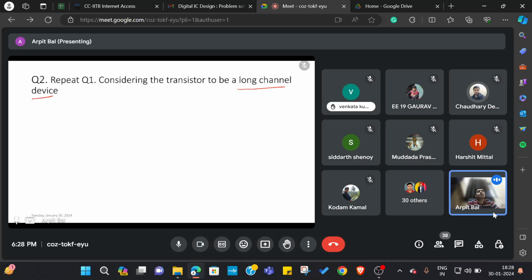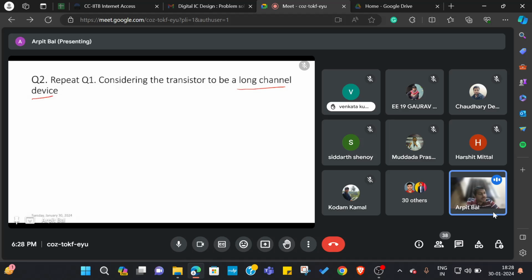So if you assume that 5/2 is also a long channel device, because in this particular question we are going to make that assumption, then because the aspect ratio is the same, the currents will be equal. If you consider the 5/2 to be a long channel device, in terms of current there won't be any change.